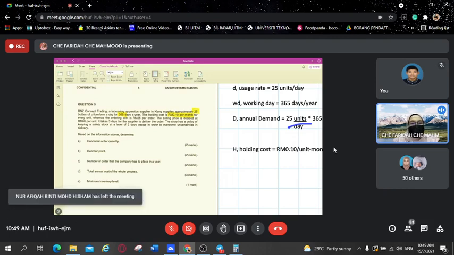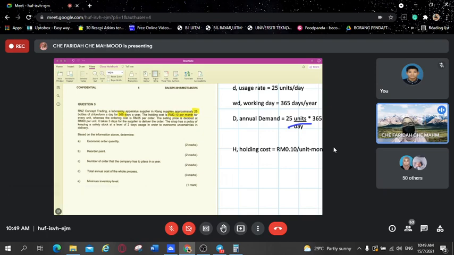And take a look at this. The selling price is decided at RM60. Selling price means price of purchasing that particular unit. This is P, purchase cost. Dia bagi kat kita ialah RM60 per unit.